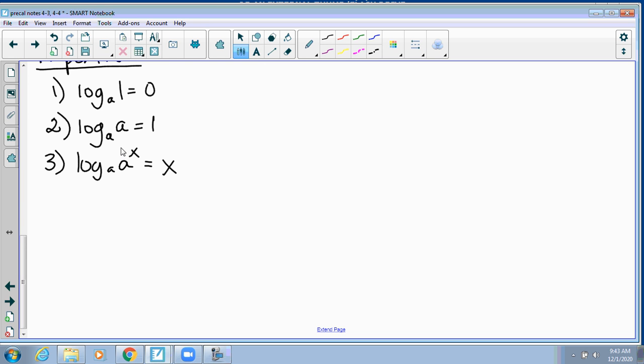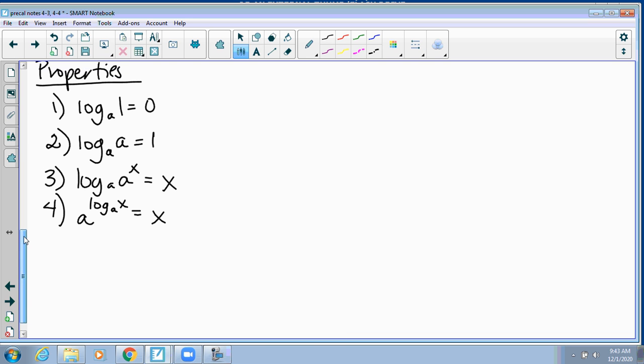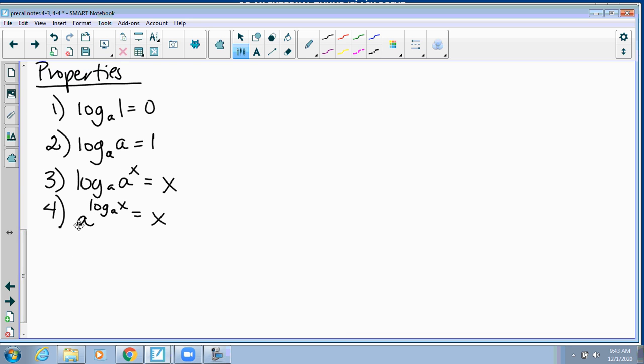So if these two match, whatever your power is up here, that's just going to be your answer on that side. And then in the same way, if you have a base that matches your base here, up in the exponent, the x is just going to be what we have there as well. Because if you wrote it as a log, log base a of x equals log base a of x. So those are 4 of our basic properties.